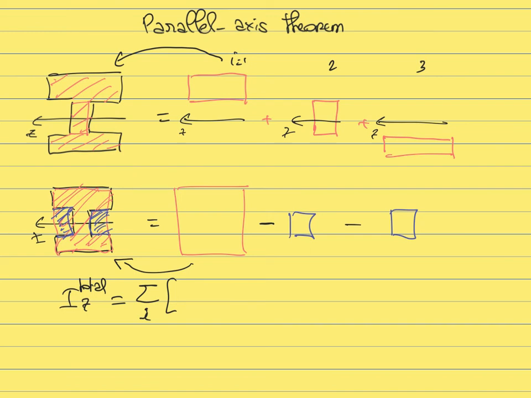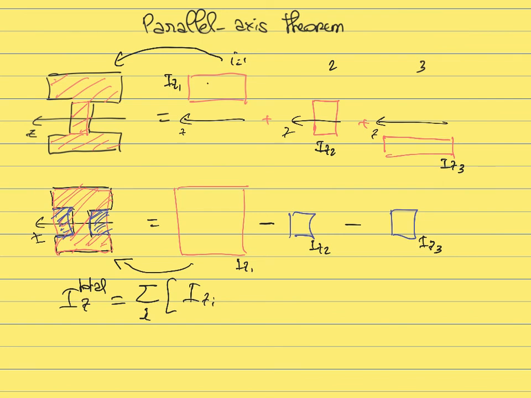And then, this sum is going to be first the sum of the individual moments of inertia of each of those rectangles. So for example, in this case, if you calculate the moment of inertia of this rectangle here, of this rectangle here, and of this rectangle here, you will get 3 moments of inertia, IZ1, IZ2, and IZ3.